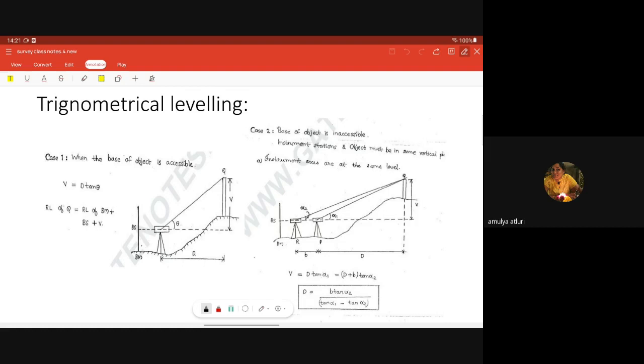We have gone through leveling, different types of leveling, and now we have dealt with the trigonometric leveling too, and leveling through theodolite.